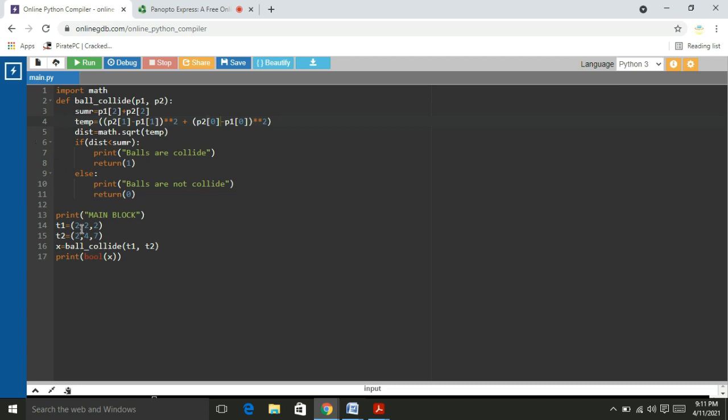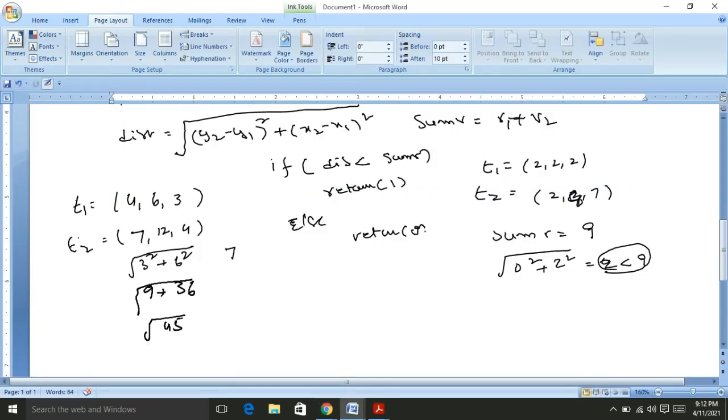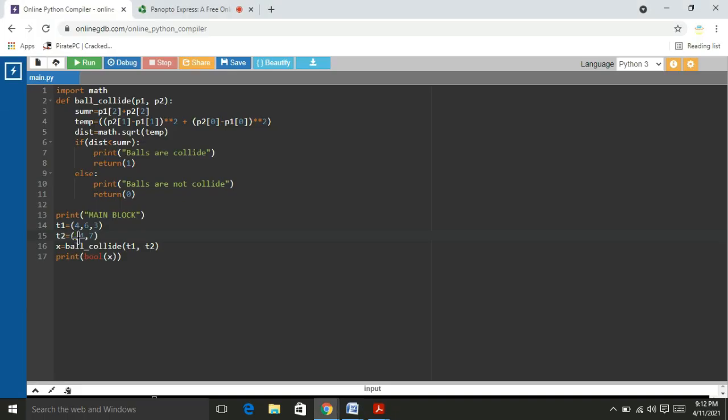Here the 4 I will change to 6 and 3, and 4 6 3. And what I am going to consider, 7 12 4, 7, right? 12 and 4.